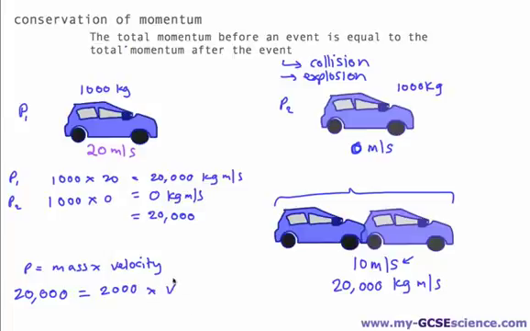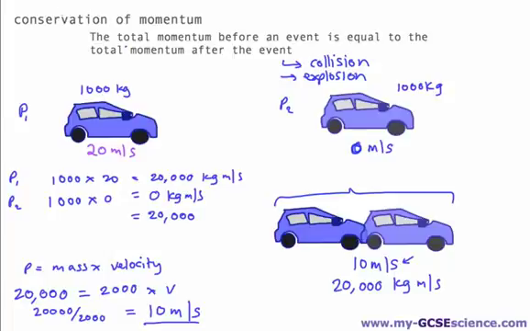To work out the velocity, it's a simple case of rearranging the formula, and if you're quite good at math, you'll realize that it's 20,000 divided by 2000, and that gives us an answer of 10 meters per second. This corresponds with what we worked out in the previous way. So the velocity after, using this idea of conservation of momentum, is 10 meters per second.